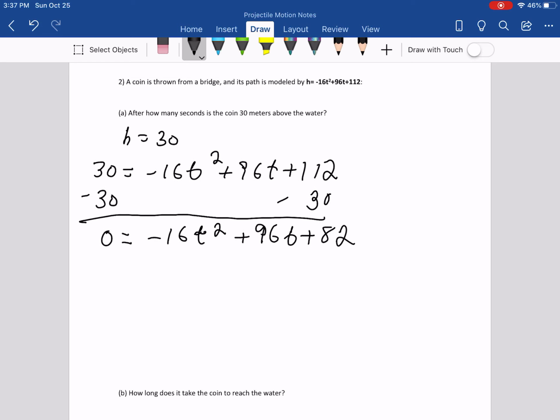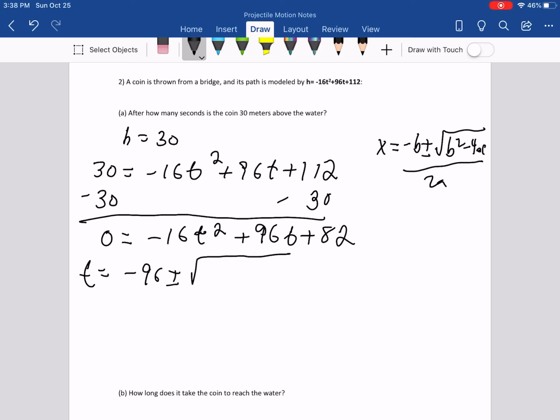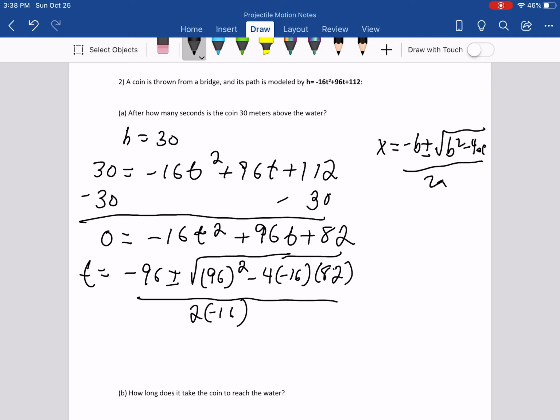So let's put everything in the quadratic formula. x equals negative b plus or minus square root b squared minus 4ac all over 2a. So x, or well, x really here is t, equals negative 96 plus or minus square root of 96 squared minus 4 times negative 16 times 82, all over 2 times negative 16.